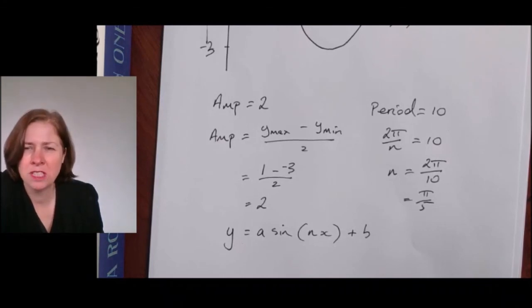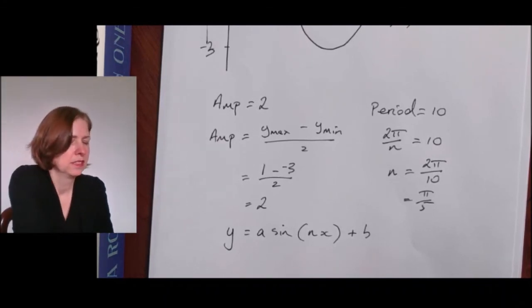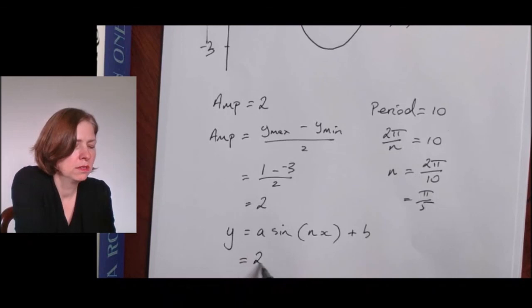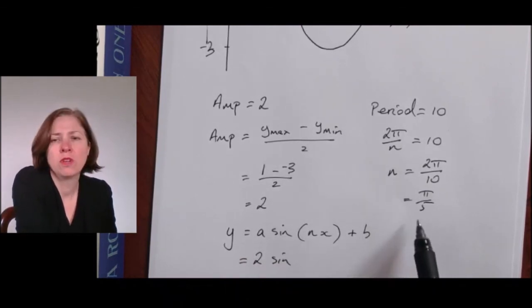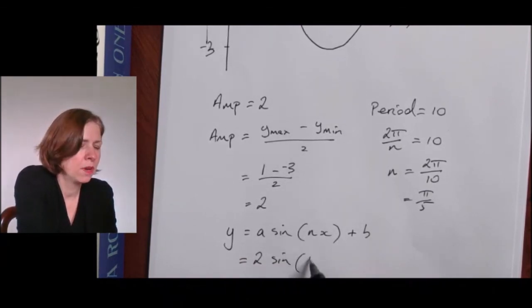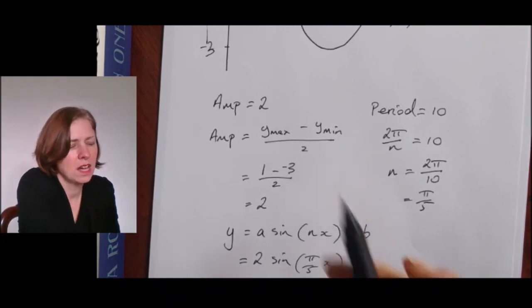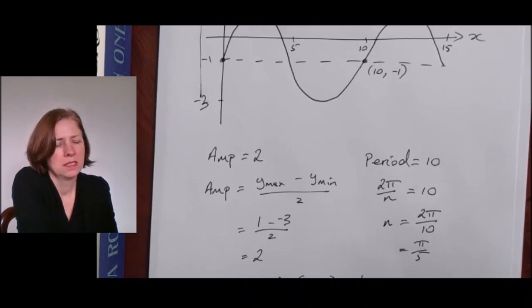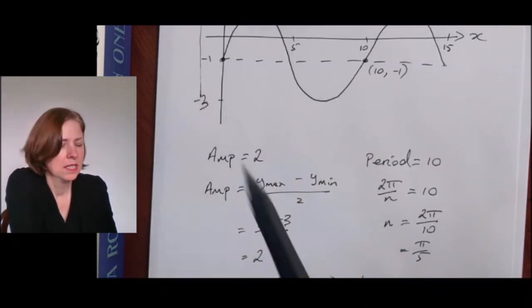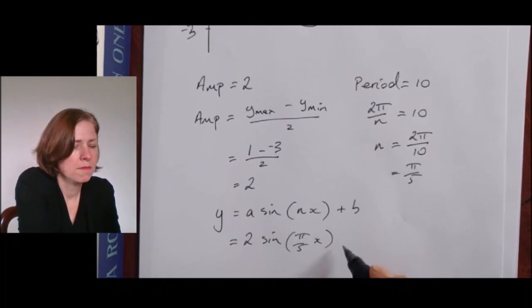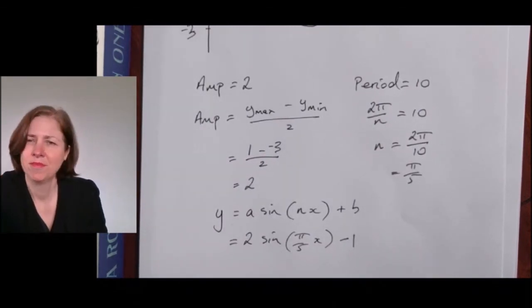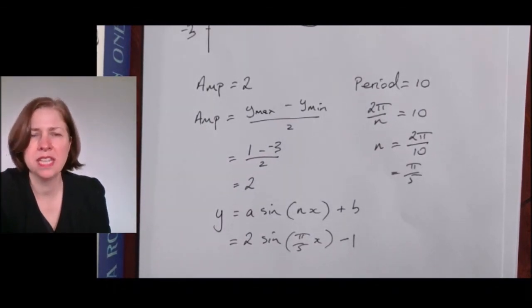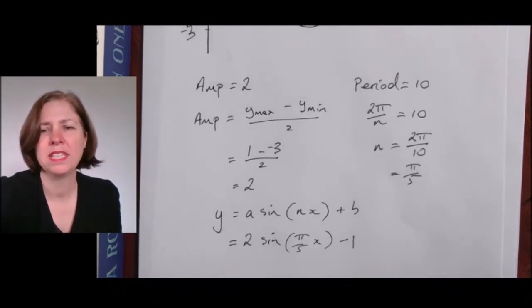That's the only difference from the last one that I did. My amplitude is 2. N I've already worked out is π on 5, so π on 5 x. And then I'm going down 1 on my graph there. So I just go -1 and I'm done. All right, I'm going to stop this and I'll start a new video to do examples 3 and 4.